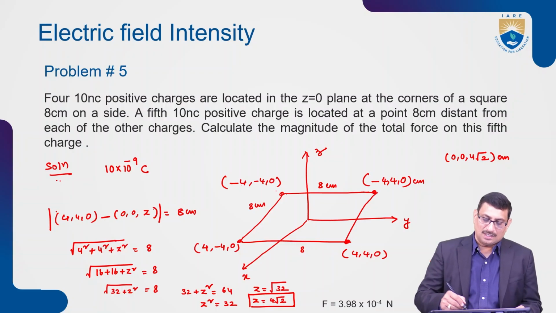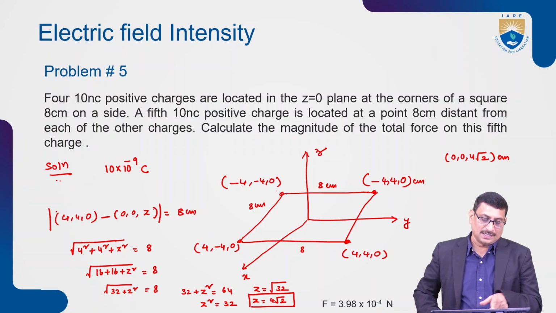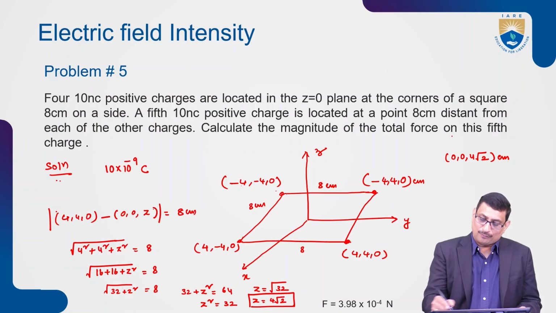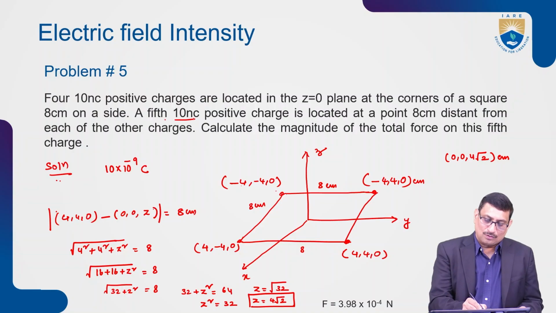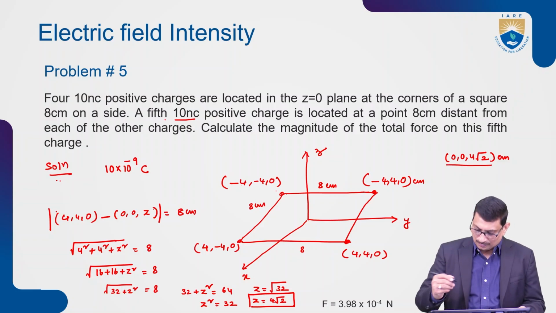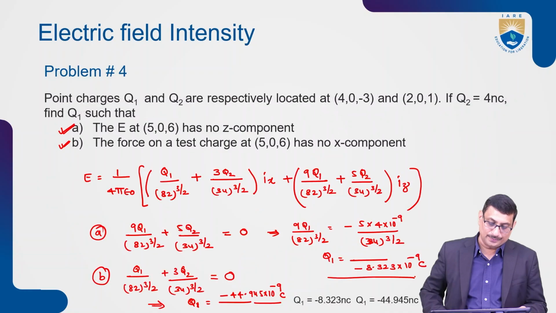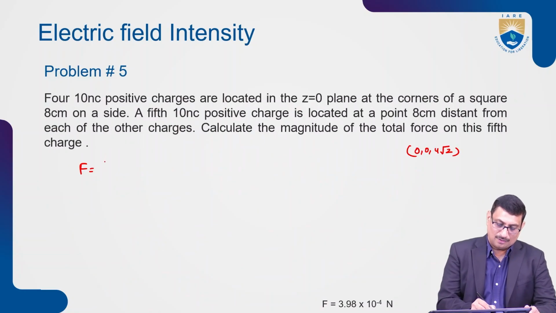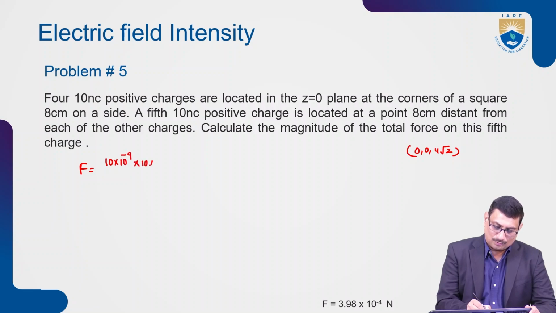So due to all these 4 charges, what is the force on the 10 nanocoulomb charge which is located at 0, 0, 4 root 2? Therefore, F is the force on the 10 nanocoulomb point charge, due to the other 10 nanocoulomb charges, which are located at different points.